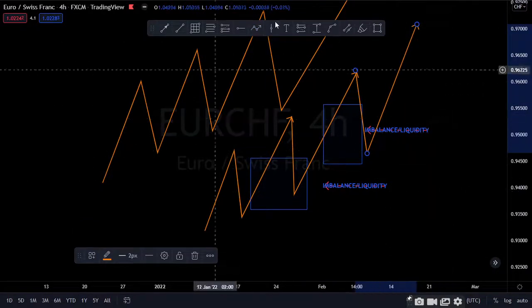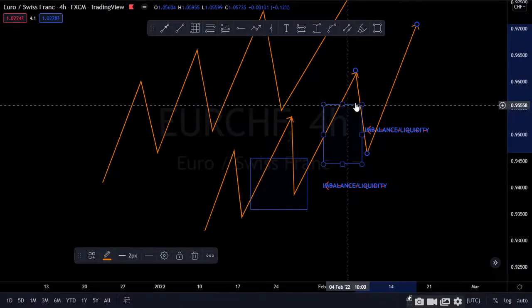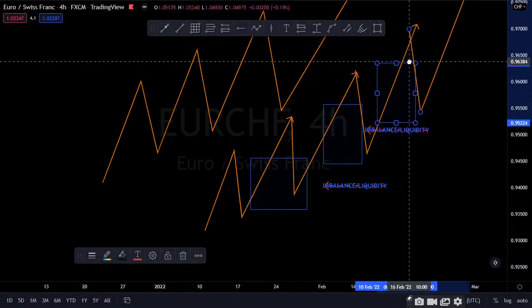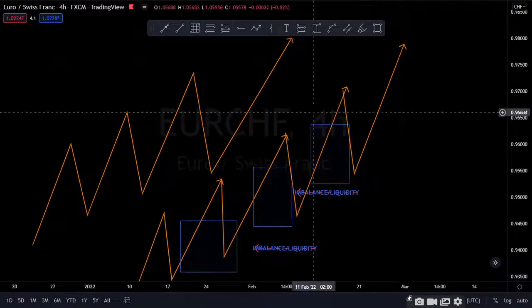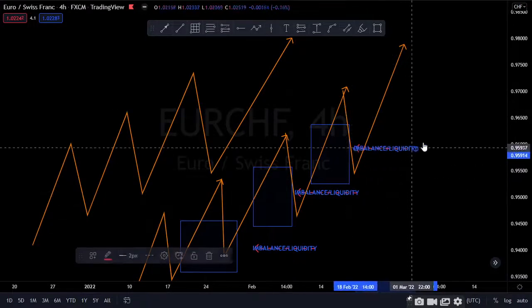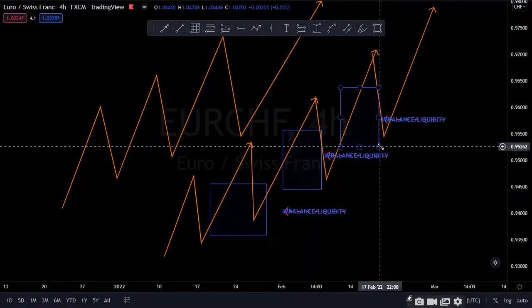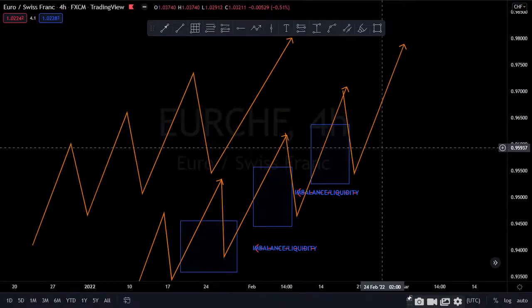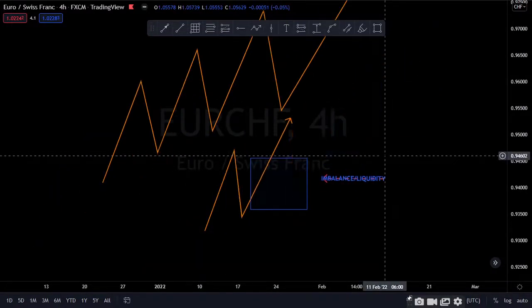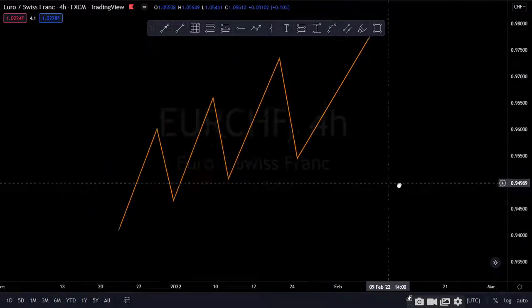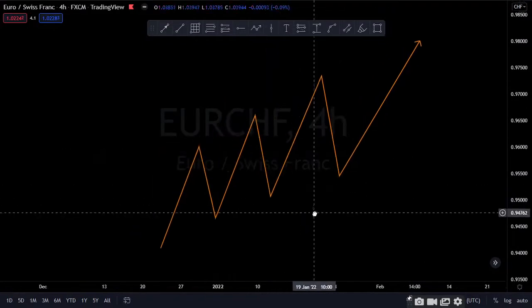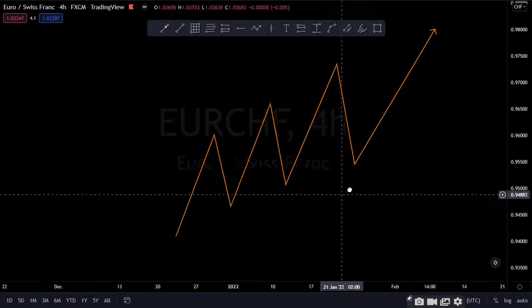As it goes up, it creates another imbalance here, so the market will come down and fill the imbalance. That is why we see that the market doesn't move in a straight line, but rather in a zigzag form. It leaves imbalance, so it needs to come back and fill those imbalances.